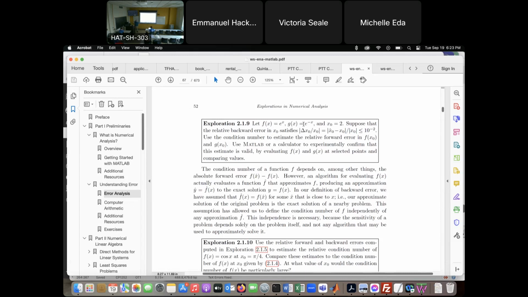Now, I do have a question about this one. Do you want us to provide you with MATLAB code or a write-up or text? It's up to us. What I'm looking for you to submit is the estimate.